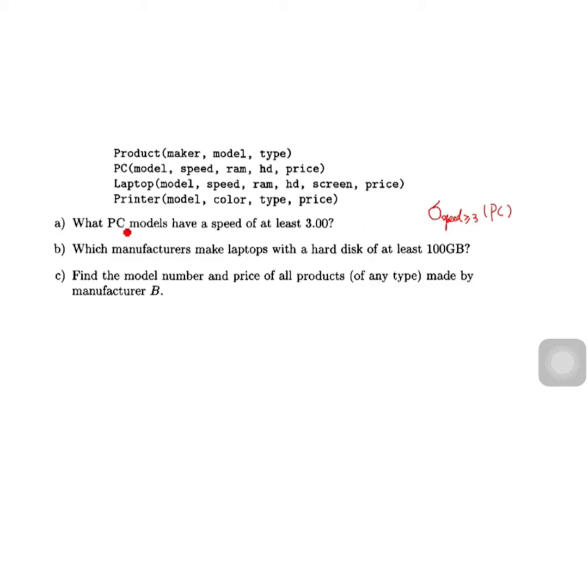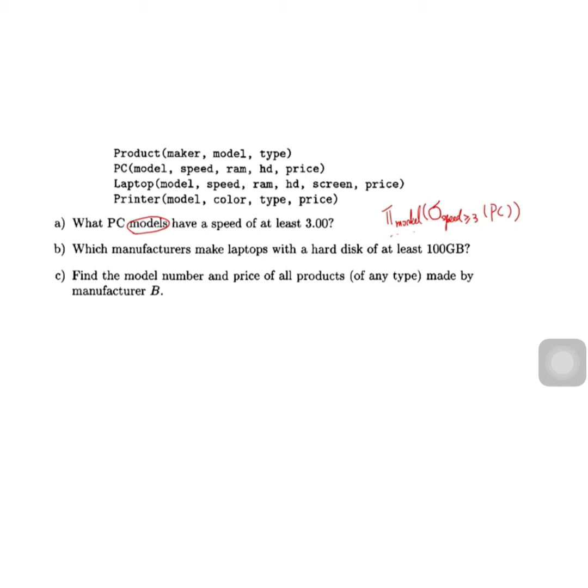Then we just need the models, so we use projection on the attribute model. With this expression, we can find the PC models that have a speed of at least 3.